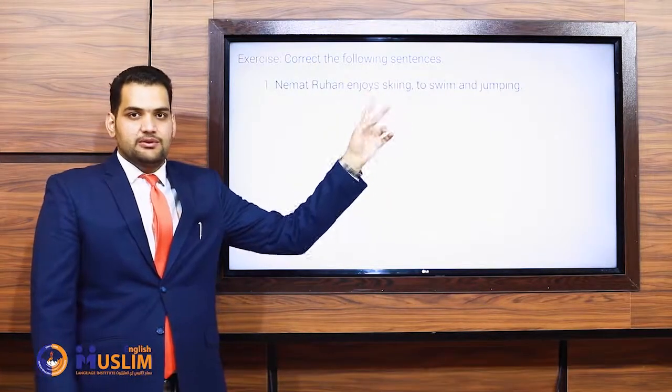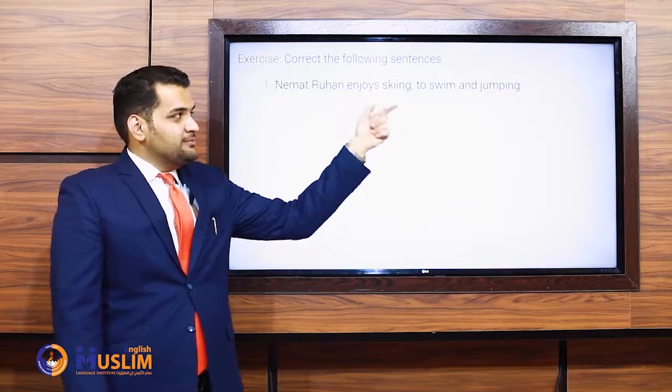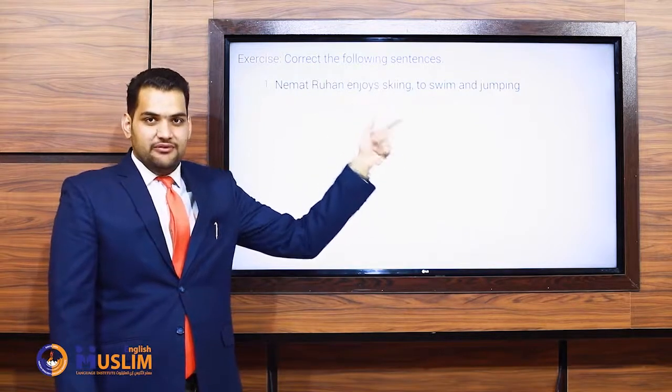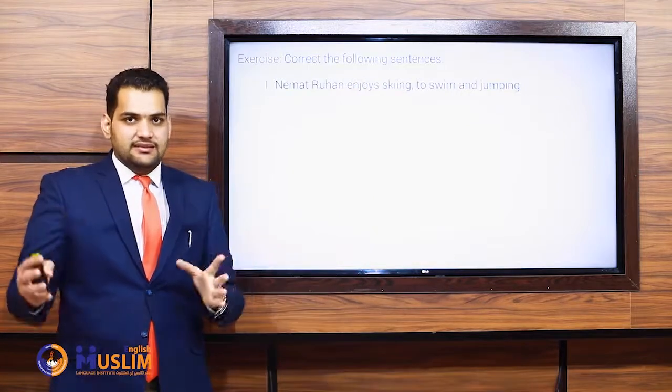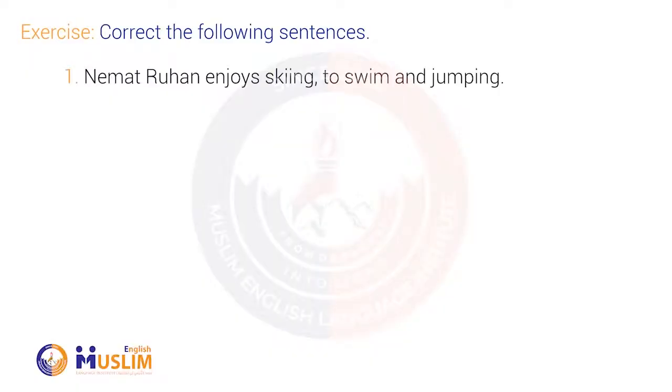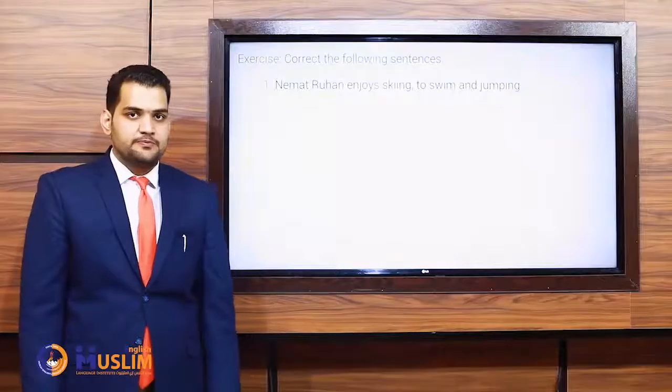It means we have two gerunds. And in the middle, we have to swim, which is an infinitive. And they're not equal. So you have to either say, Nemat Rohan enjoys skiing, swimming, and jumping. Or Nemat Rohan enjoys to ski, to swim, and to jump.